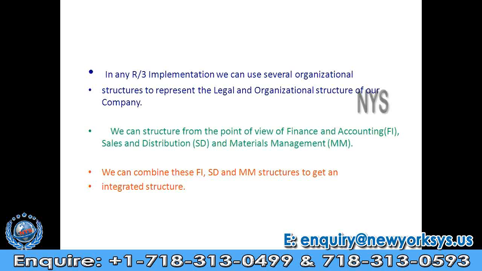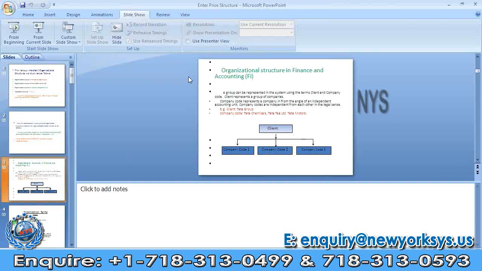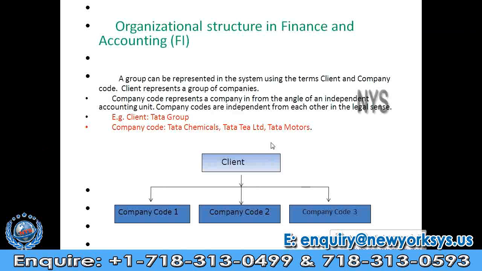So how an organizational structure looks from the FI angle, finance. So let us see. In SAP, we have to represent a company or a group company in this format: a client and company code.